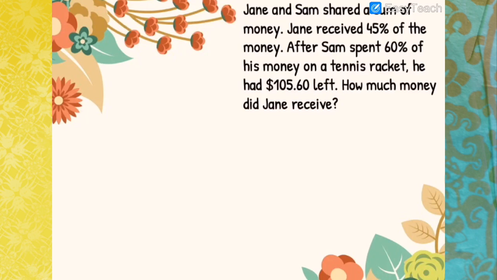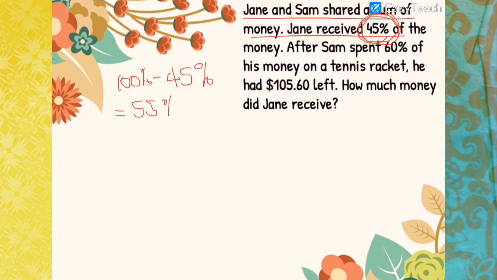So therefore, they both started with 100% of the money, but Jane received 45% of it. So we have 100% minus 45% for Jane. Therefore, Sam had a share of 55% of the money.